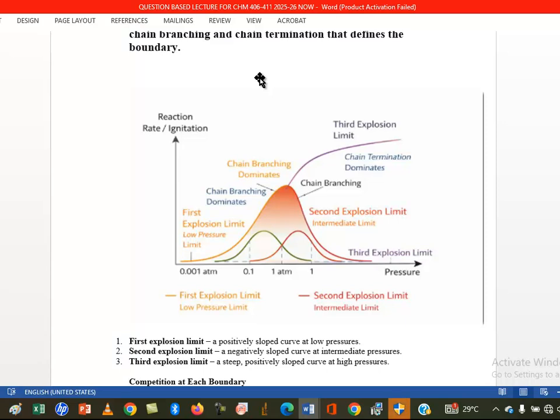So start with the first explosion limit, and then you move on to the chain branching.